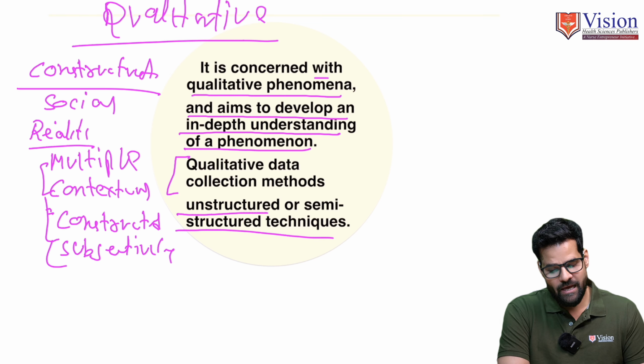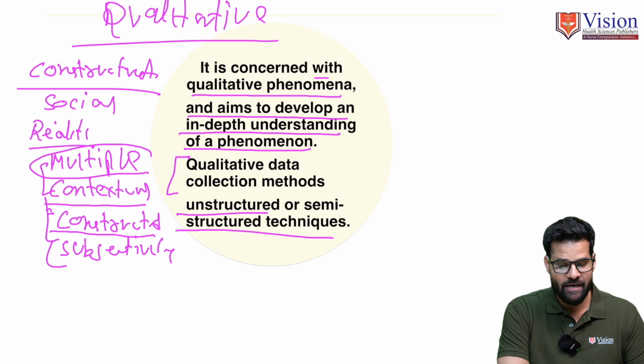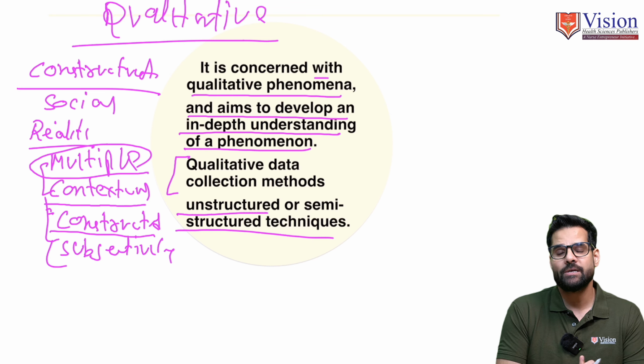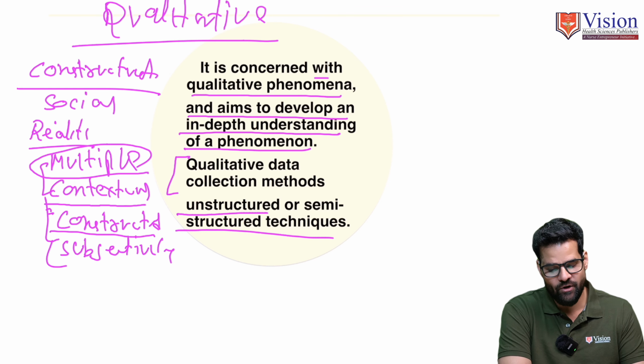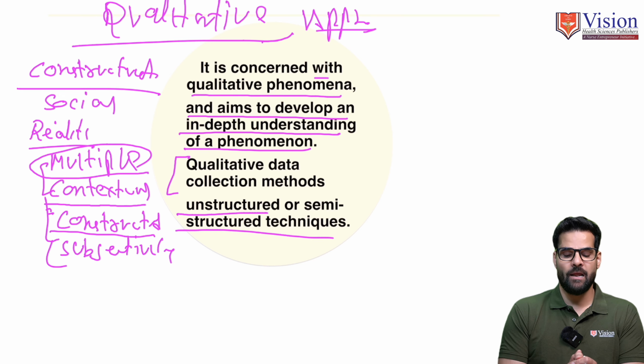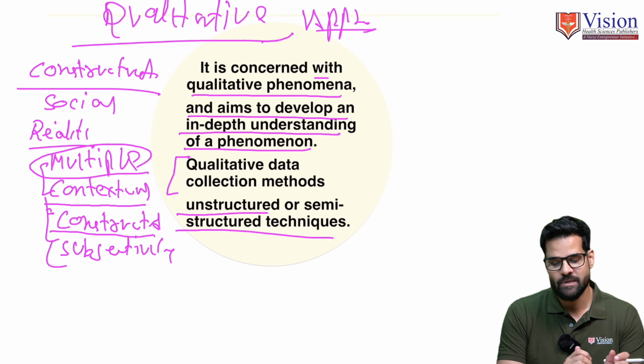Okay, and realities are always considered in context. They are constructed, that's why they are very subjective, and multiple realities. What is real for you may not be real for me. Okay, so there are different realities which are constructed around an individual. So that kind of inquiry is a qualitative approach. You can refer to my earlier lectures where you can see qualitative and quantitative research with their paradigms.